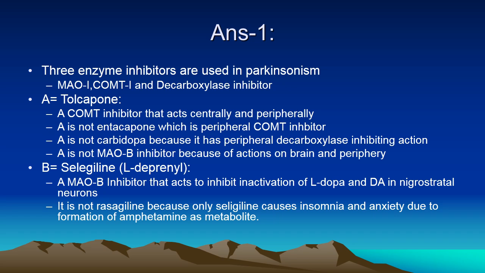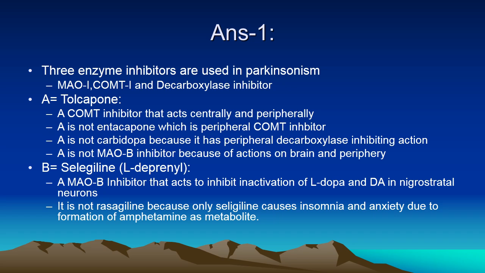Now, looking at the picture given, drug A appears to be tolcapone because it is a COMT inhibitor that acts centrally and peripherally. Drug A is not entacapone, which is also a COMT inhibitor, but that is a peripheral COMT inhibitor. Drug A is not carbidopa, a peripheral decarboxylase inhibitor, because it doesn't act centrally, whereas drug A is acting both centrally and peripherally.